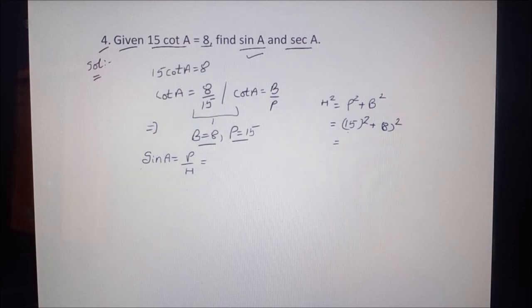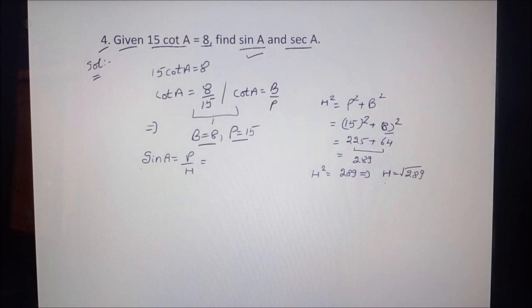Now 15 square is 225. Now 8 square is 64. If we add both, its value is 289. So from here hypotenuse square is 289. It implies hypotenuse is under root 289. So hypotenuse is equal to 17.